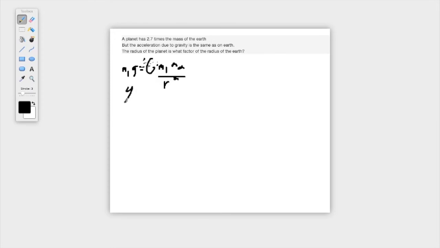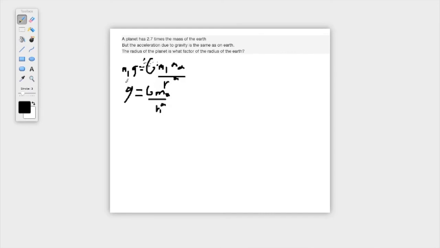So g equals G m2 over r squared, and we'll call this r1. So this is kind of like the rule of thumb: g equals big G times the mass of the source, over the distance squared.